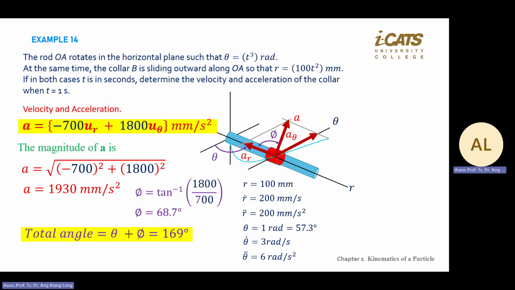However, for this one you need to add this angle, the body angle. Add to theta, which is 57.3. Because as you swing the ring, this one will become larger and larger.